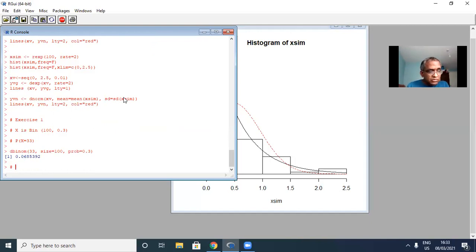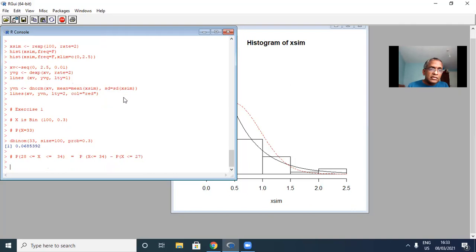To answer the second part, which is to find the probability that x is between 28 and 34, as I said before, you can write this probability as the difference of the two probabilities. It's 27, not 28, because as you know, it's a discrete distribution.